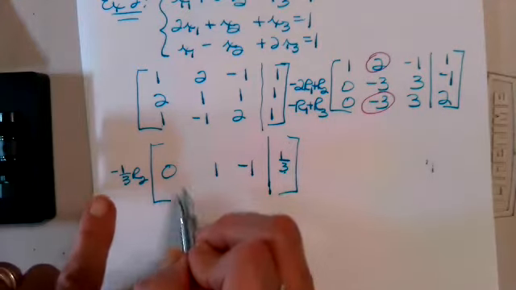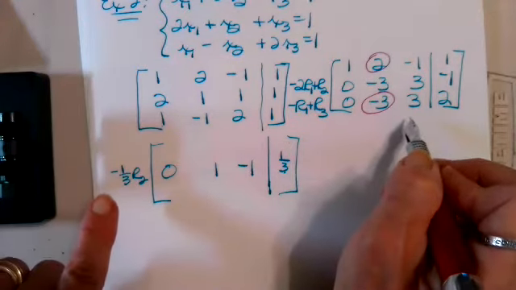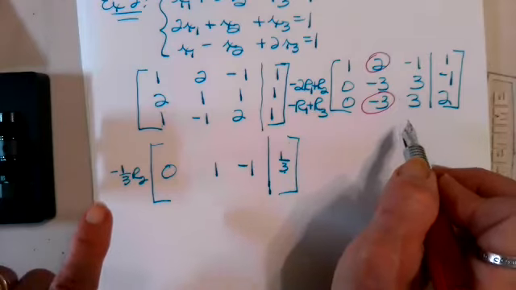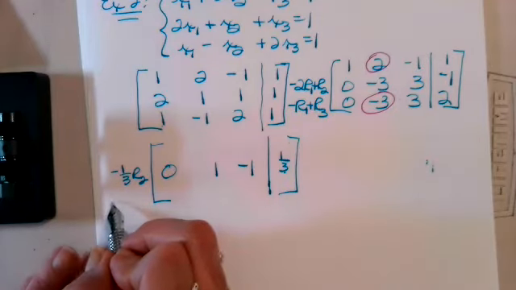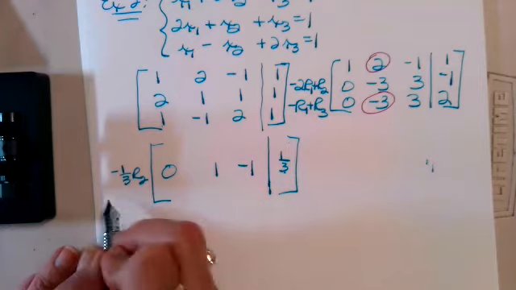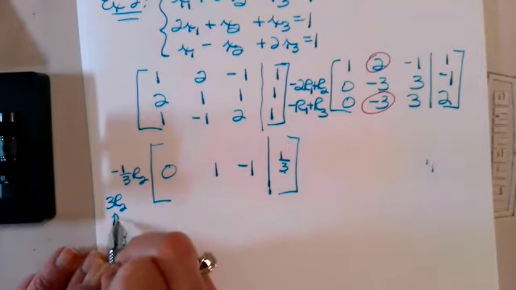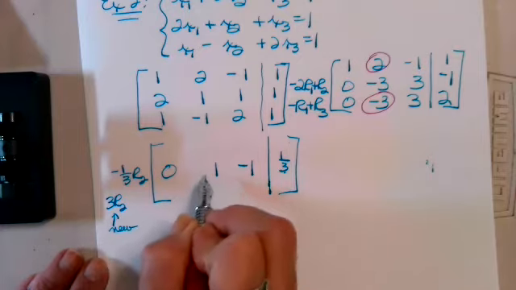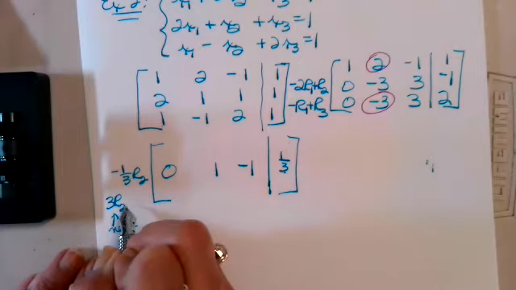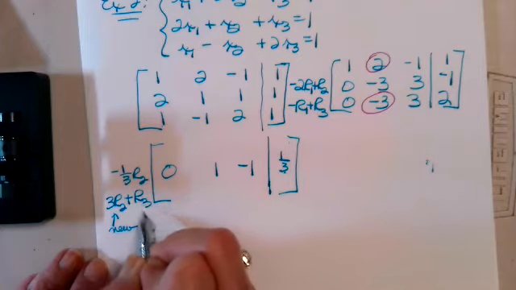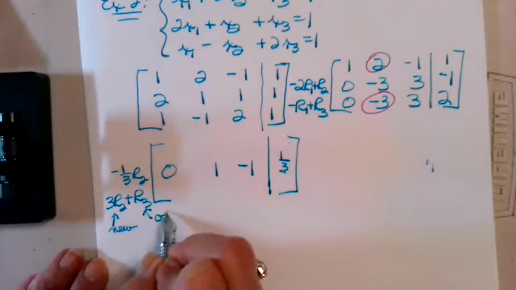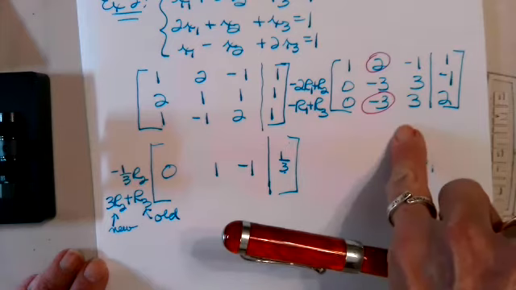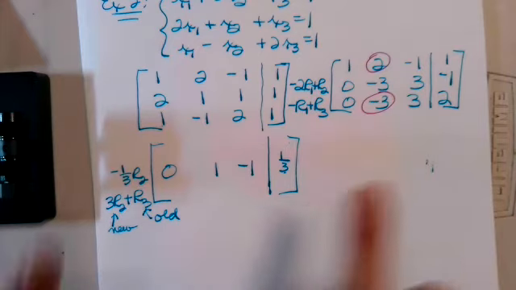So I'll have to work from this row 2 and add it to numbers in row 3 and row 1 from this matrix. So in other words, I'm going to multiply this row 2, I mean the new one, that is this one, the new row 2 times 3 and add it to row 3. And that's from the old matrix over there. So we sort of work between the two.